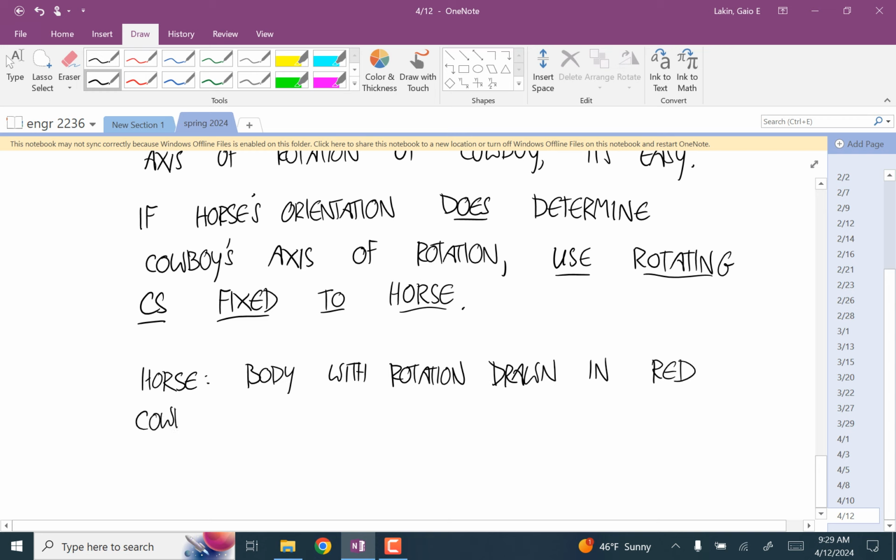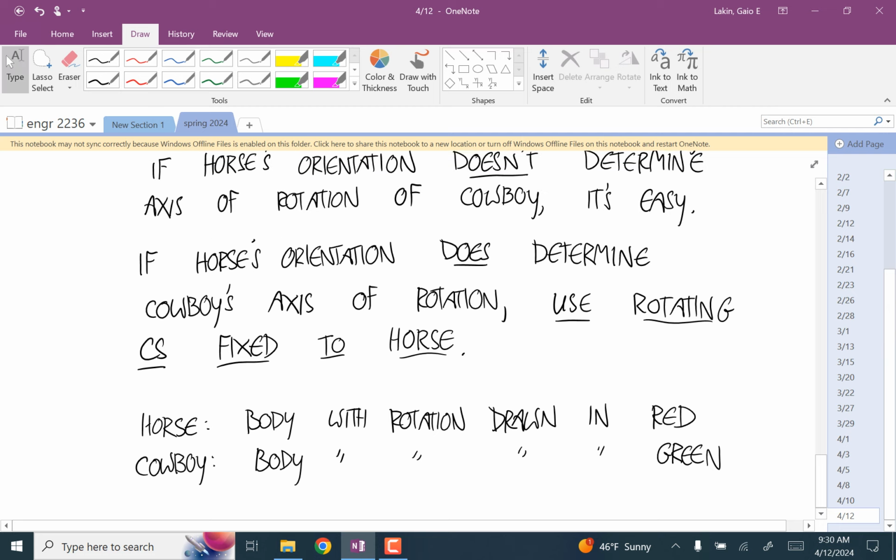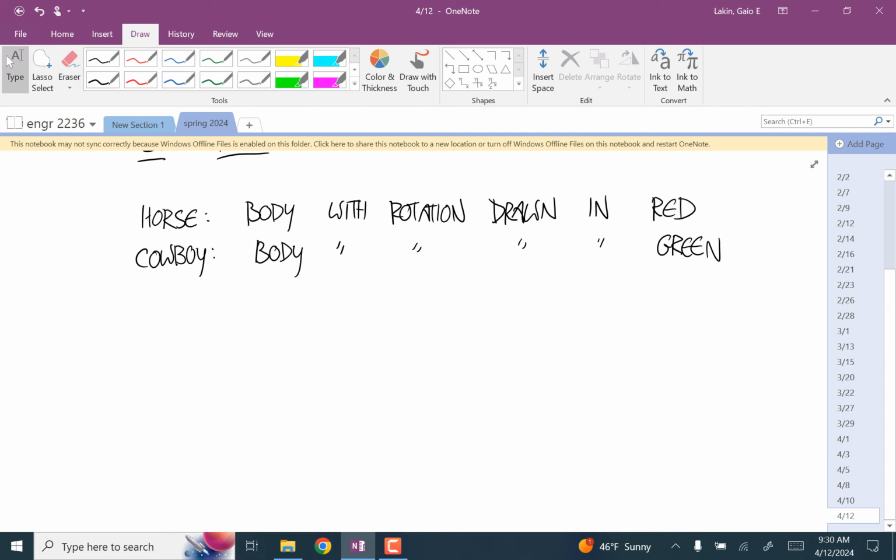The cowboy is the body with the rotation drawn in green, right? Green.